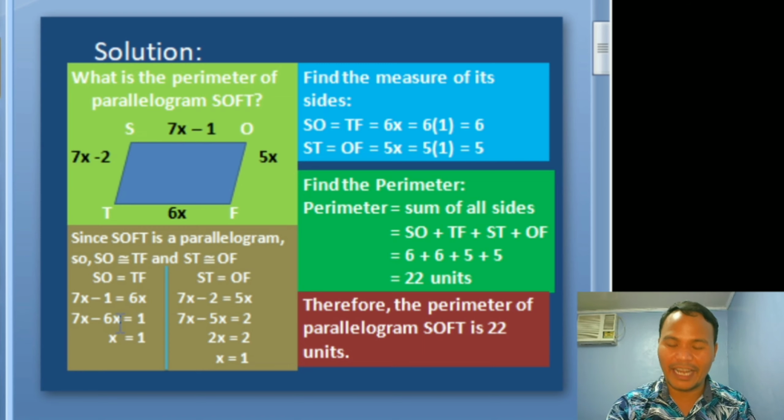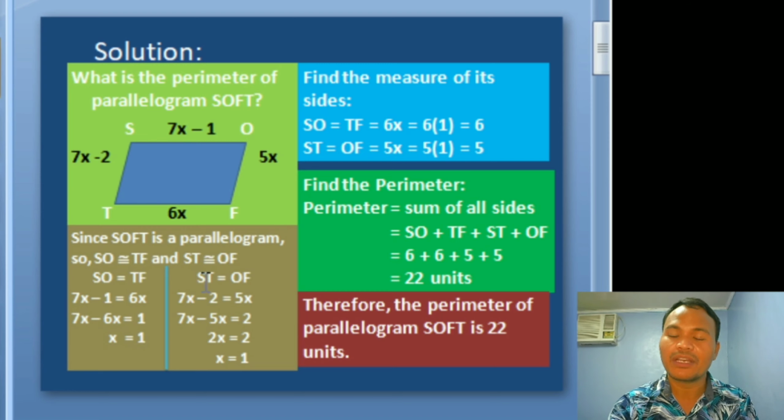Then solve for x. Here we use the idea of transposing. We transpose 6x to the left side of the equal sign, and we also transpose negative 1 to the right side of the equal sign to solve for x. Then by simplifying, 7x minus 6x is equal to x. So here x is equal to 1.